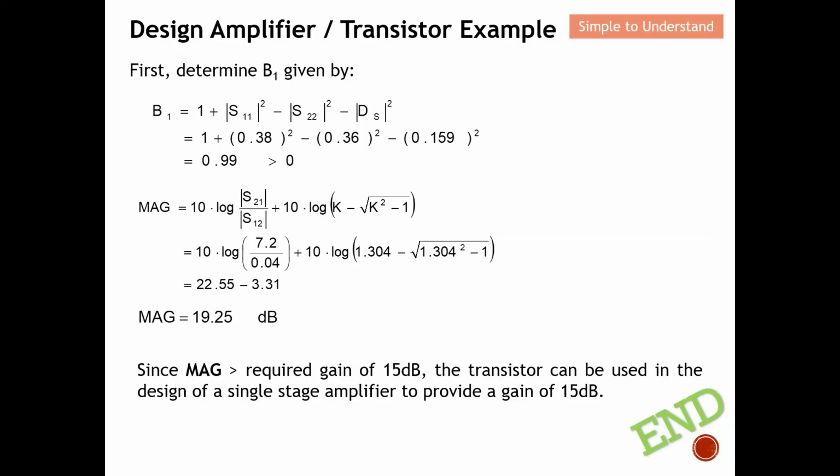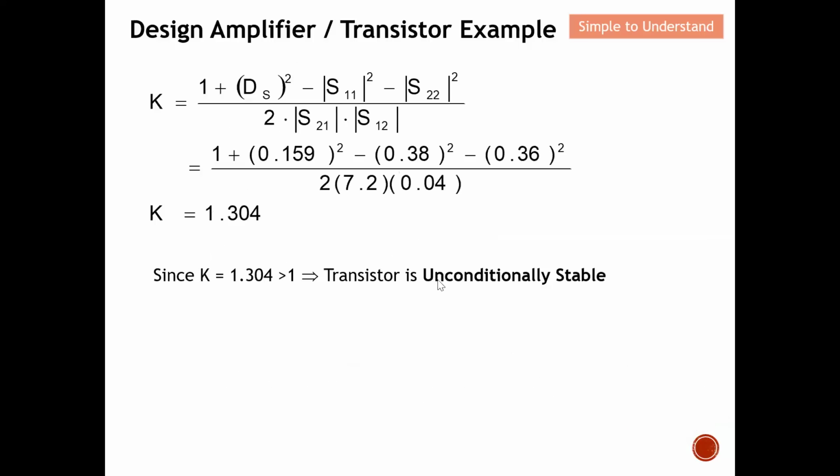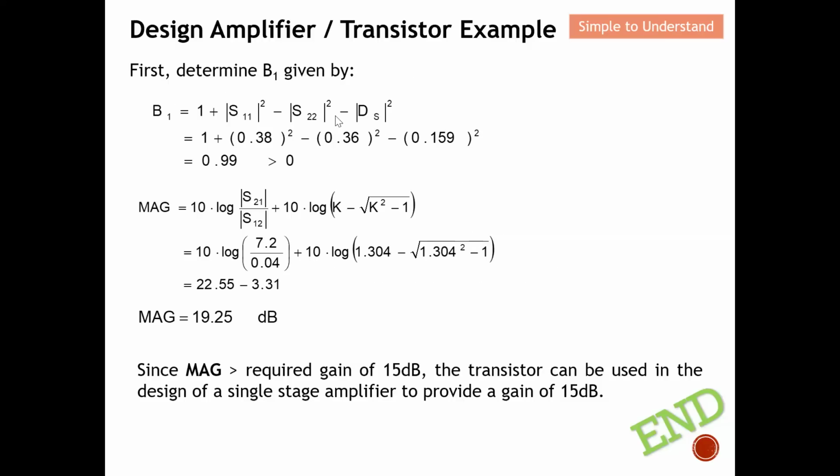After that, I calculated that this transistor is stable. Then I calculated the maximum available gain. From this value, you can see that this amplifier or transistor can easily achieve a gain of 15 dB, since the computed maximum available gain, 19.25 dB, is bigger than 15 dB. With this, I'd like to end my discussion.